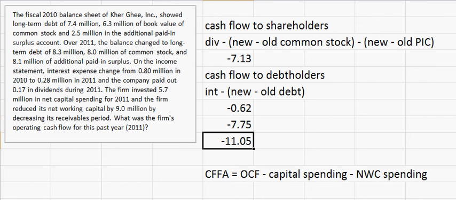So for it to work out to be 7.75, we must have had a really bad operating year. Our operating cash flow must be worse than 7.75, because if you compare capital spending to net working capital spending, we actually spent negative money. We got money back from working capital, and we spent some of it on capital spending, but the rest we had available. And after you take the operating cash flow and what we had left, it added up to negative 7.75, which means we must have lost a lot of money operating-wise. And that's why you end up at a negative 11.05 number.